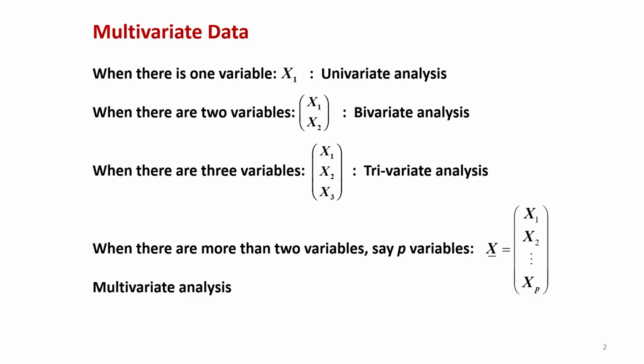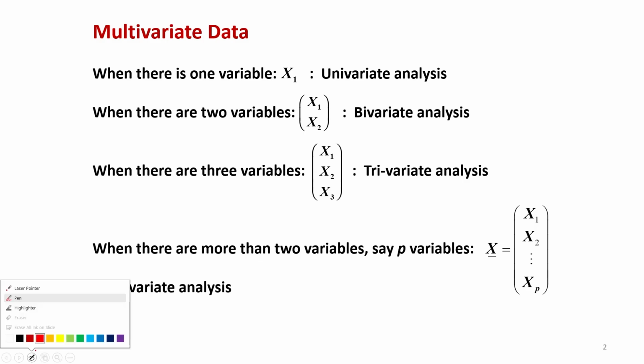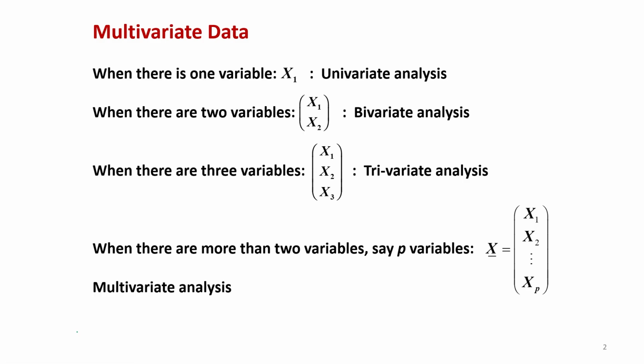We had understood in the last lecture that when we are trying to work in data science, usually there are more than two variables and we need to consider all of them together. When we have only one variable, we represent it by, say, x1 and we conduct the univariate analysis.